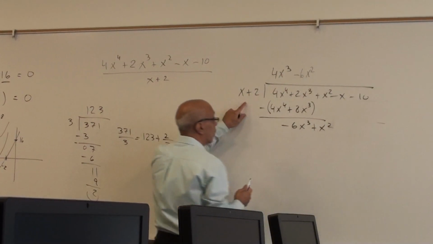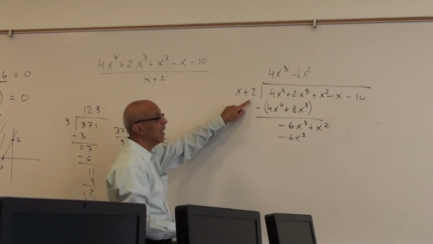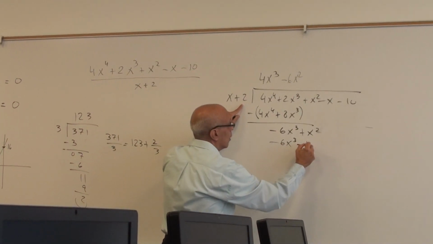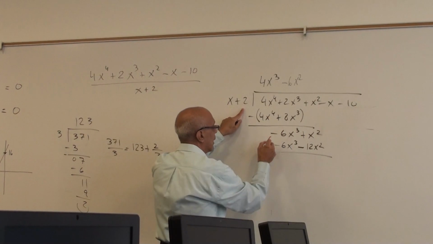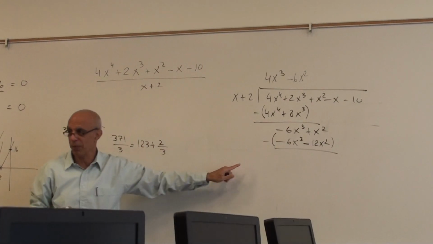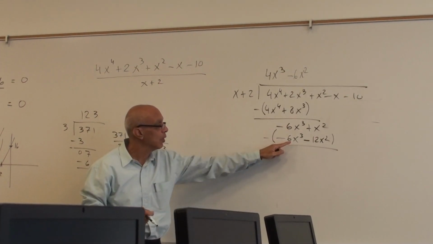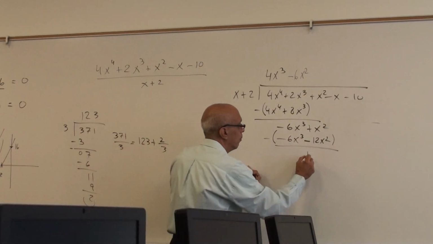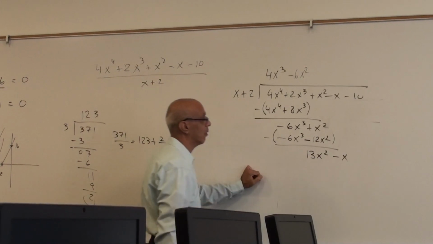Beautiful. Then times 2 again is going to be 12x squared, okay? And again, parentheses and the negative, you cannot forget that. So distributing the negative, this is going to be positive, it's going to cancel, and this is going to be positive, I'm going to be adding that term, and then bring x down.